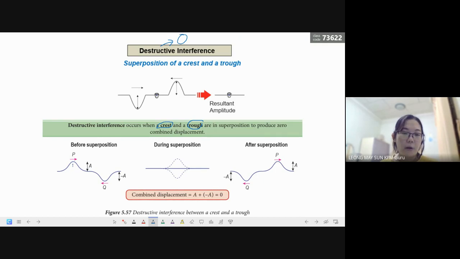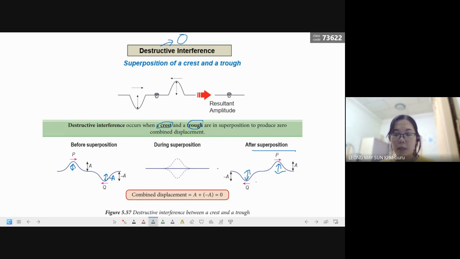A crest from P, that's positive A, and a trough from Q, which is negative A, when they overlap, A plus negative A will become zero. That's why it's called destructive. A positive and a negative will become zero. But after superposition, it will go back to its original positive A and negative A.